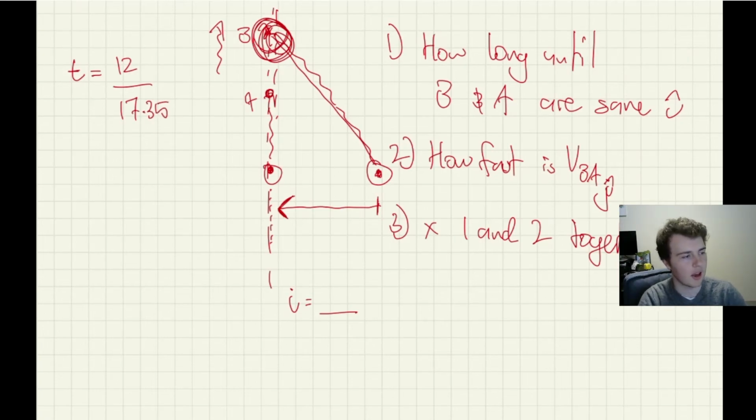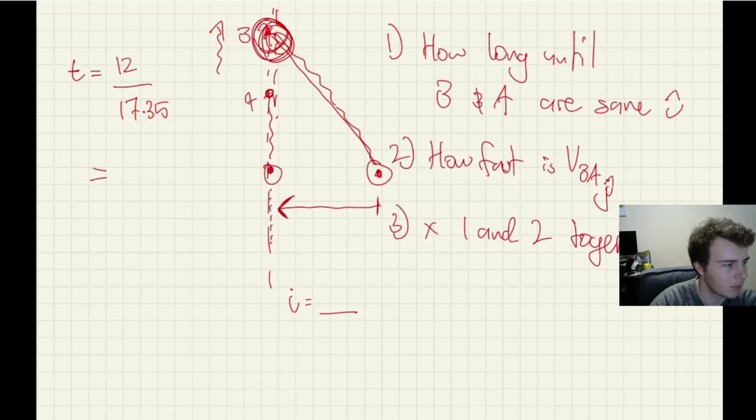Don't worry about the negative, because I've taken that into account. 12 divided by 17.35, I really should get a calculator, is equal to 0.69916 hours, right? So that's question 1.